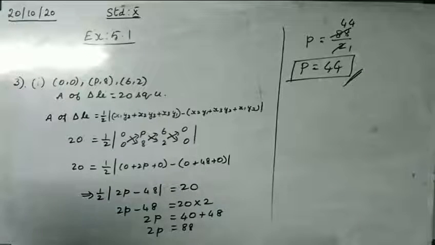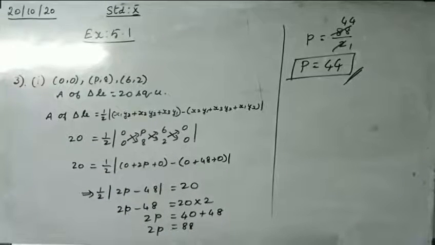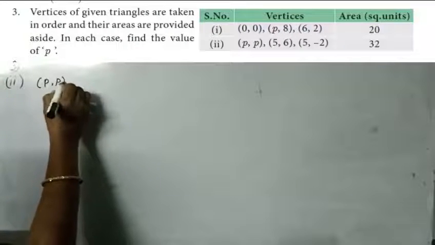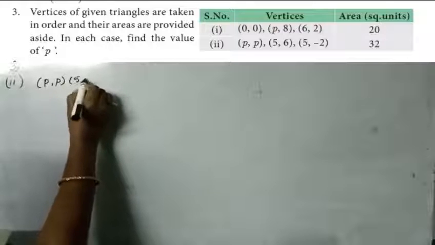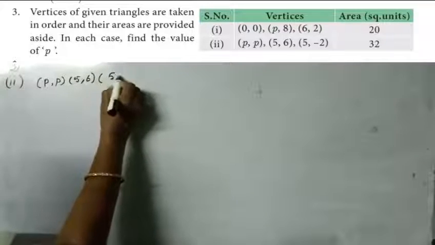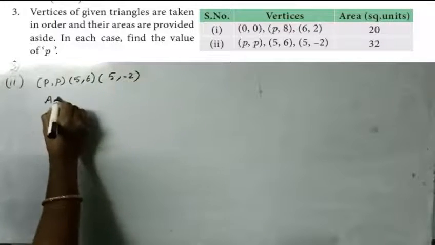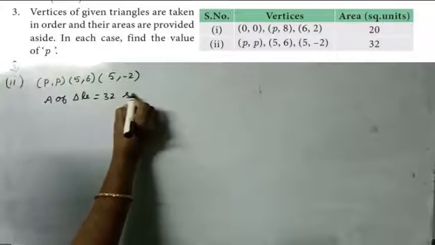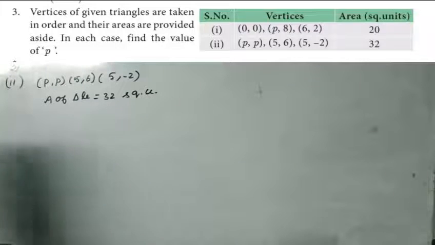Second subdivision: the vertices are (P, P), (5, 6) and (5, minus 2), and the area of the triangle is equal to 32 square units.